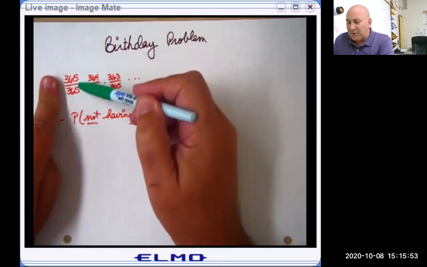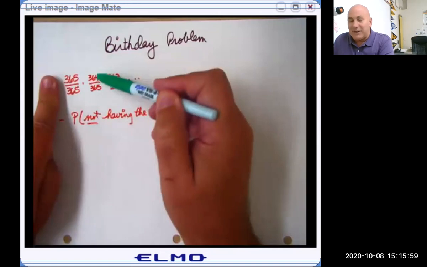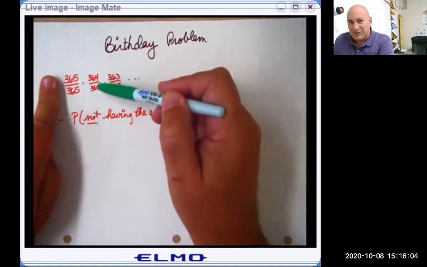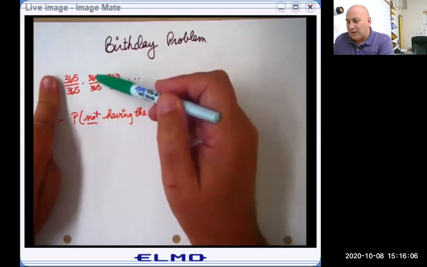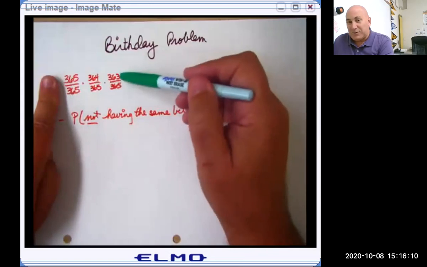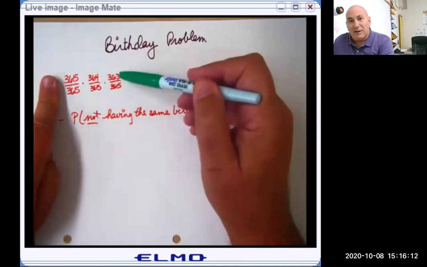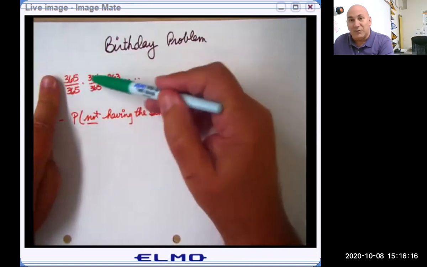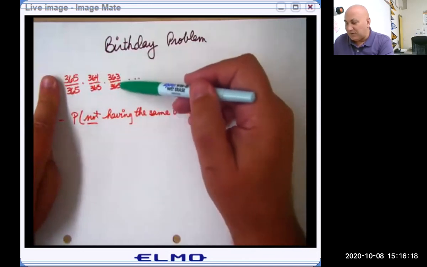Now, what's the probability that the second person would not have the same birthday? Well, you've got 364 days left to choose from out of 365. And then if these 2 people do not have the same birthday, there are 363 left for the third person, so as not to have the same as either of these 2, out of 365.